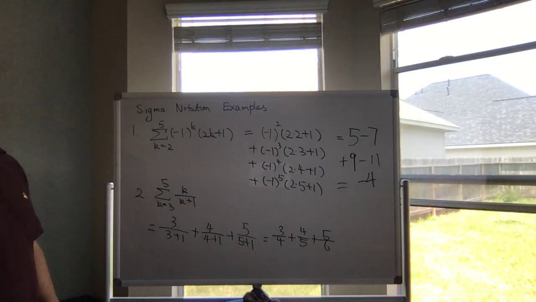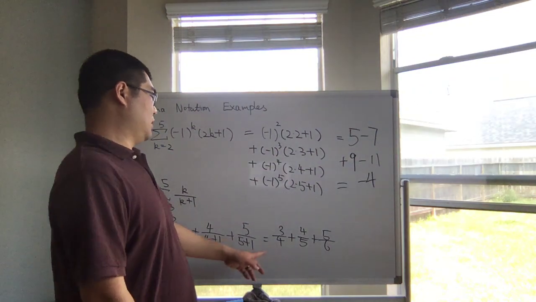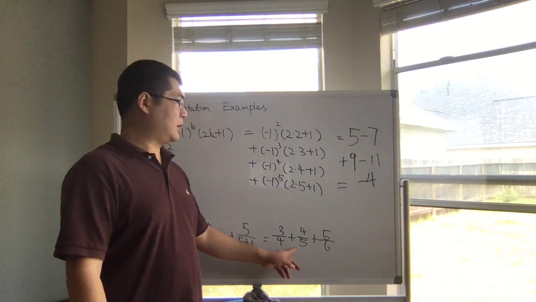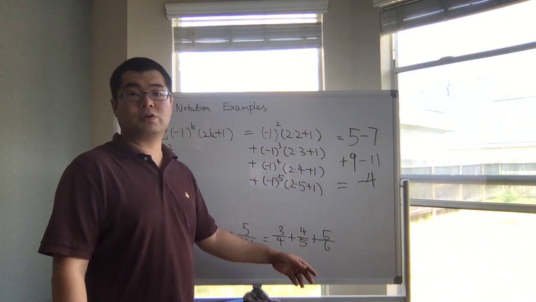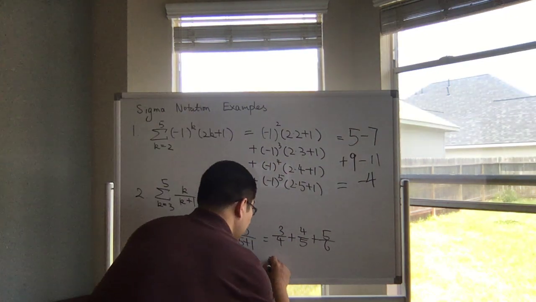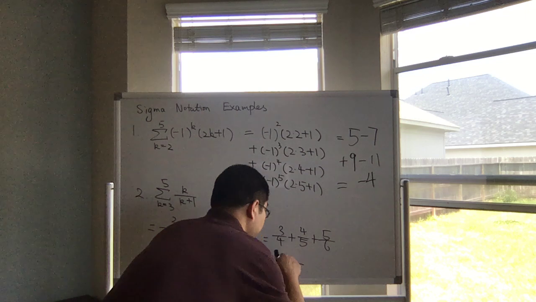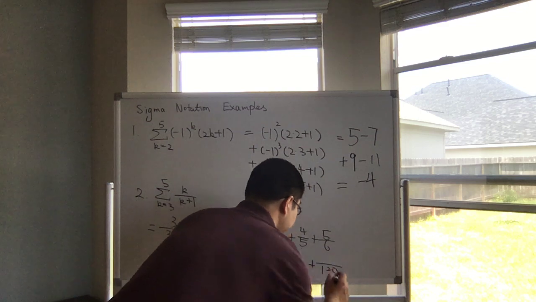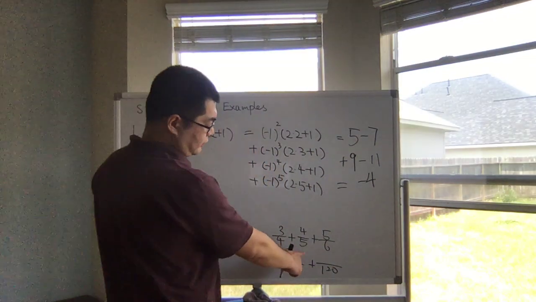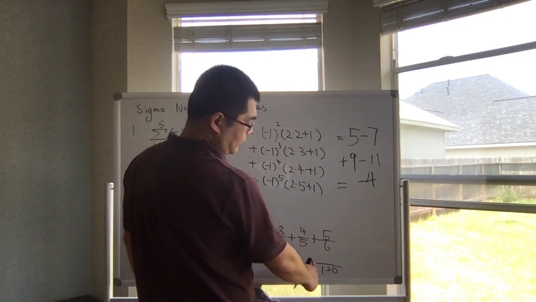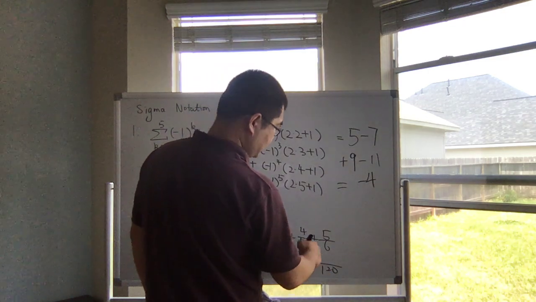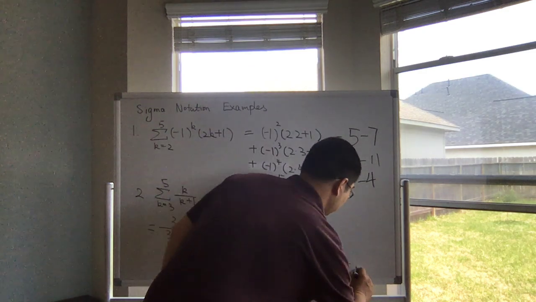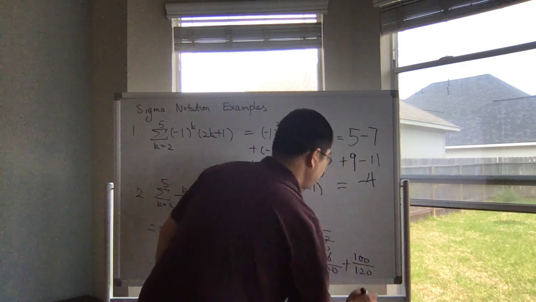So you can let them have the same denominator, which is the least common denominator, a multiple of those. 4 times 5 is 20, 20 times 6 is 120. So what I'll do here is 120. For here you need to multiply by 30, so you have 90 over 120, plus 4 over 5: you have to times 24 to give you 120, so 4 times 24 is 96, plus 100 over 120.